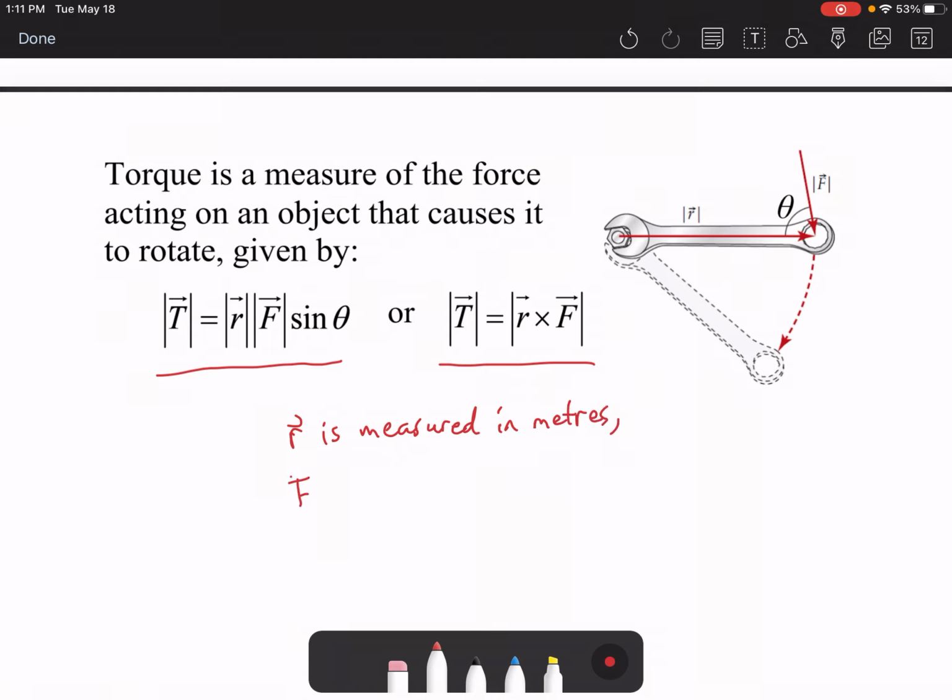The vector F is usually measured in newtons. And therefore the vector tau is measured in newton meters, not joules.